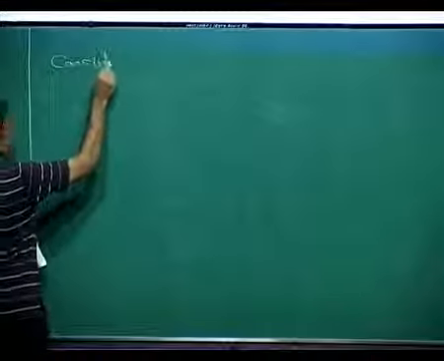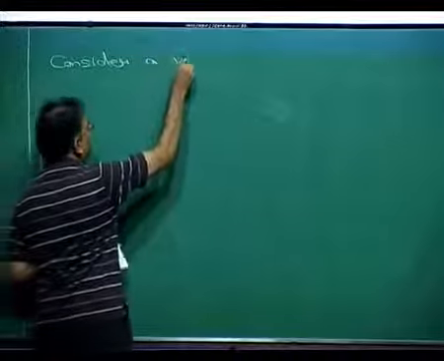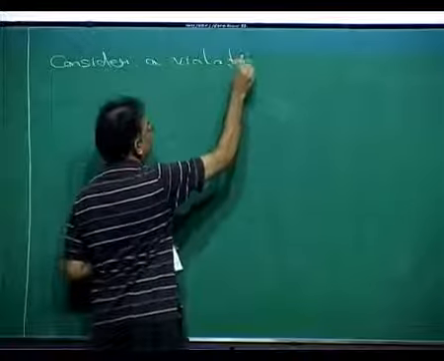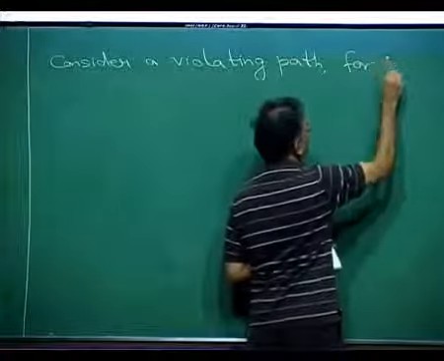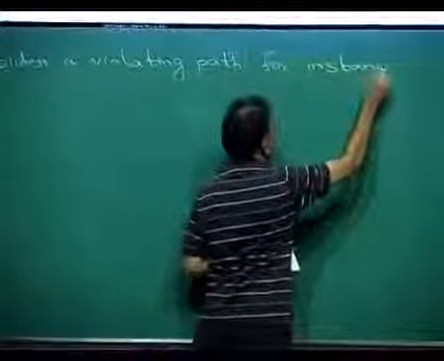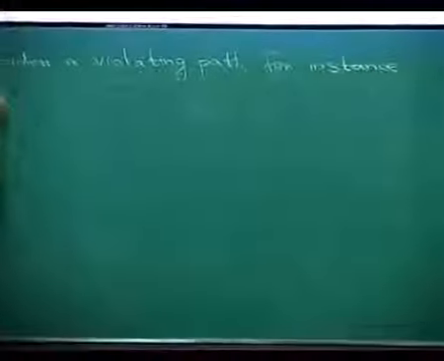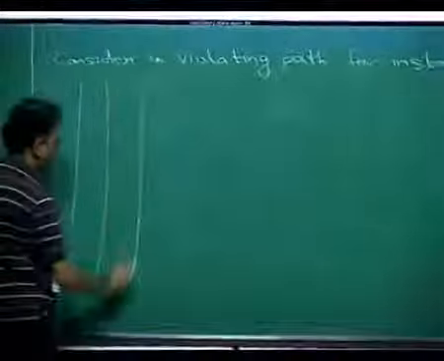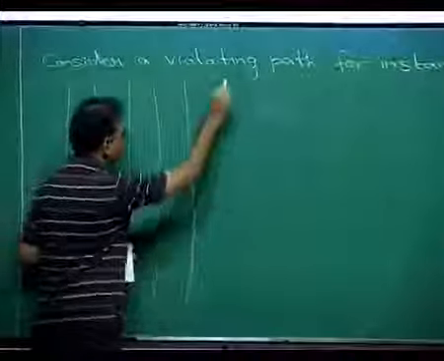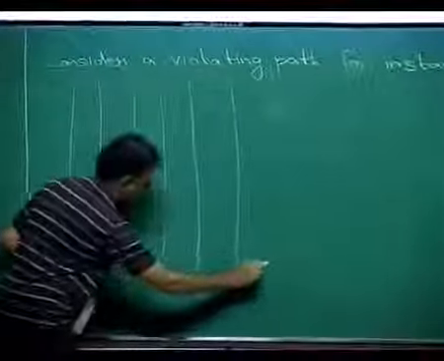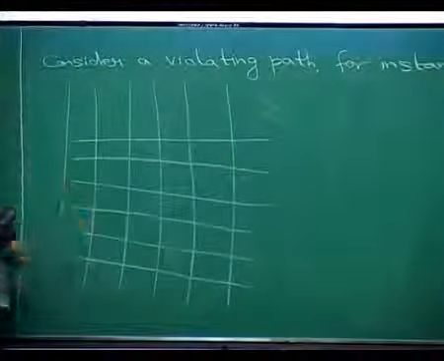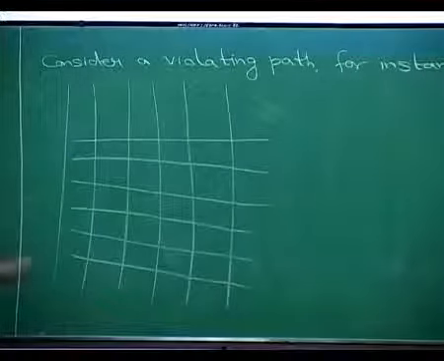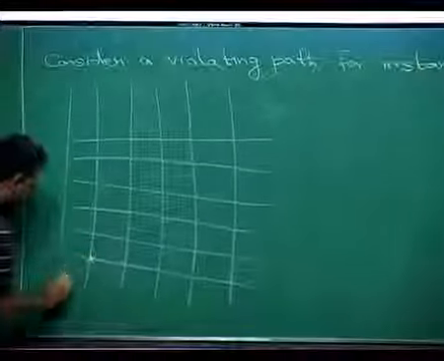Okay, so I'll do it by example. Consider a violating path. For instance, here is the point 0, 0.